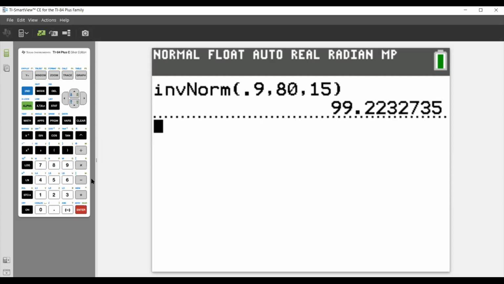At least what test score? A 100. A 100. That's right. You have to round up, don't you? Because if you scored a 99, you don't make it, do you? No. 99.223 is larger than 99. So if you scored a 99, you're not considered. If you score 100, you are considered.